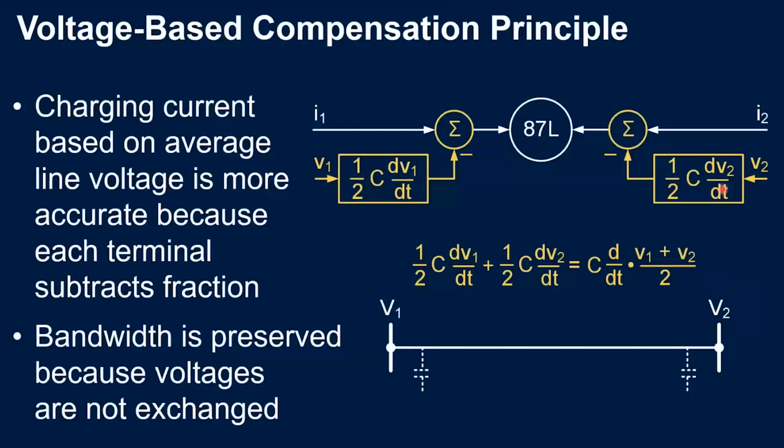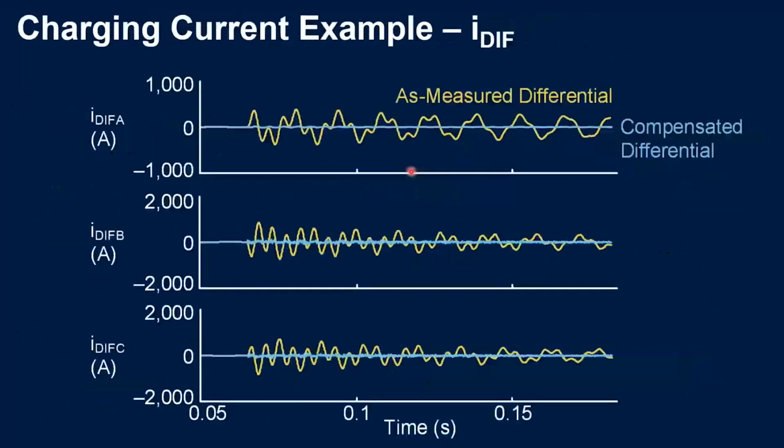So if we have a two-terminal line, as in this example, each part will subtract half of the charging current from each terminal. But if we have three terminals, each terminal will subtract a third of the total charging current. So this is an example of a line without a fault.